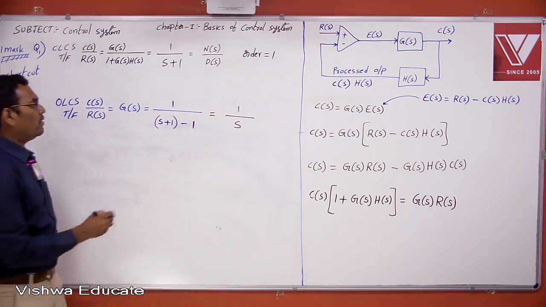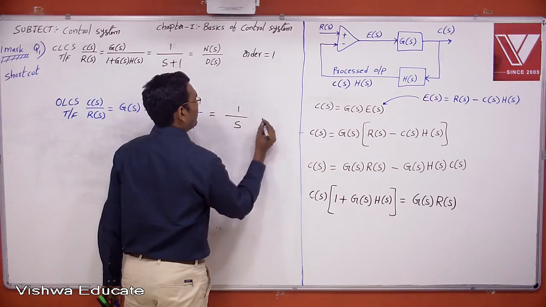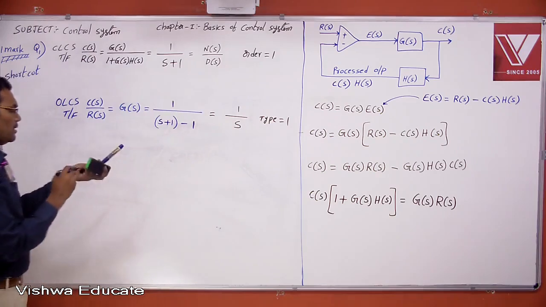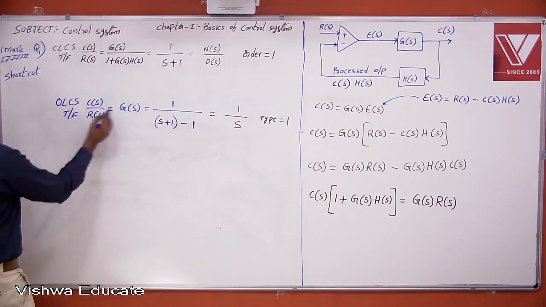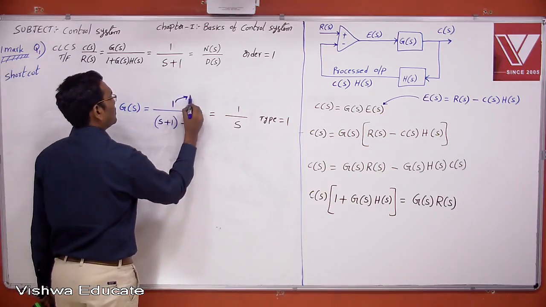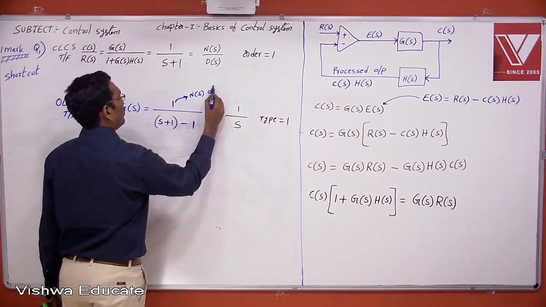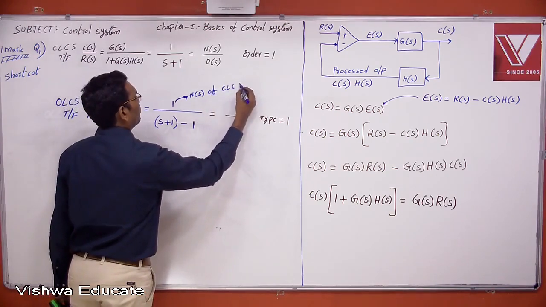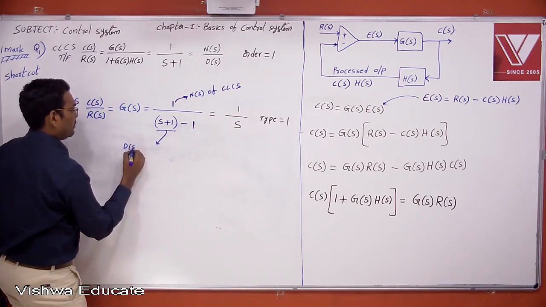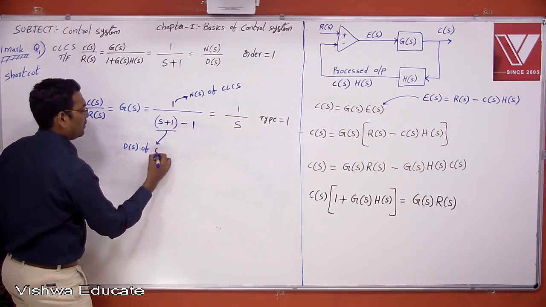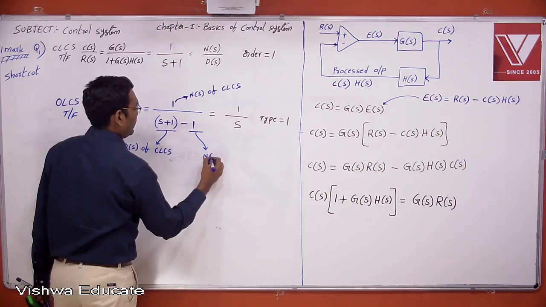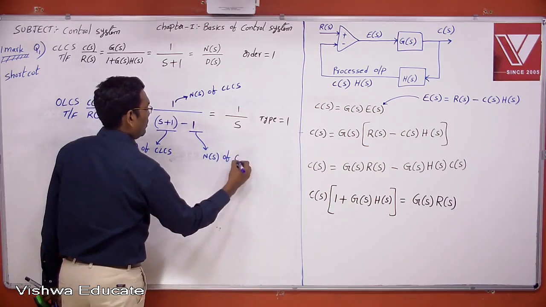Previously, how much were you getting? Only 1 by s. From here, you can identify type equal to 1 directly. No cross multiplication is required. I want the open loop transfer function directly by substituting the numerator polynomial of the closed loop, the denominator polynomial of the closed loop, and again the numerator polynomial of the closed loop.